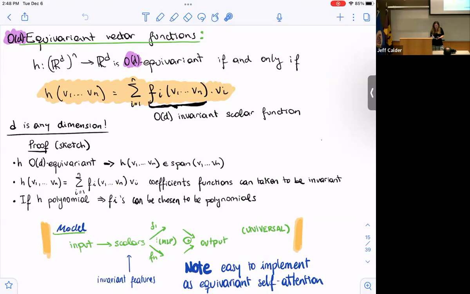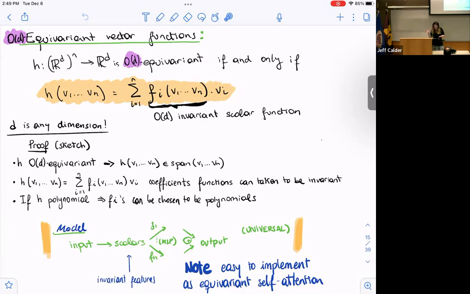If you have a function that takes n vectors in R^d and outputs a vector in R^d, say, for instance, the position of a certain particle or the velocity of the center of mass, this function is equivariant with respect to the orthogonal group if and only if you can write it as a linear combination of the input vectors where the coefficients are scalar invariant functions. So they're functions of the inner products.